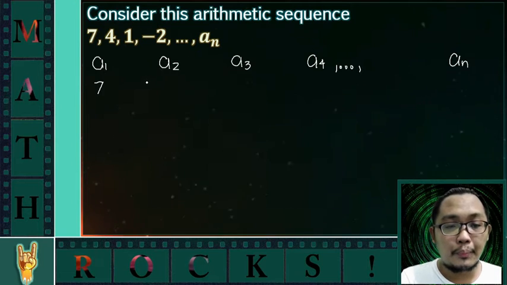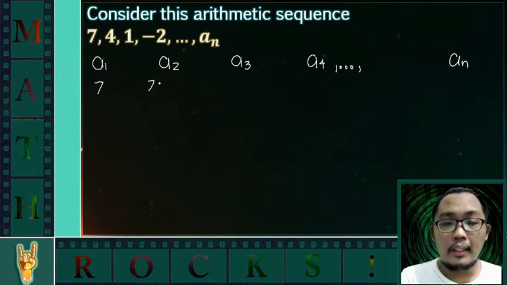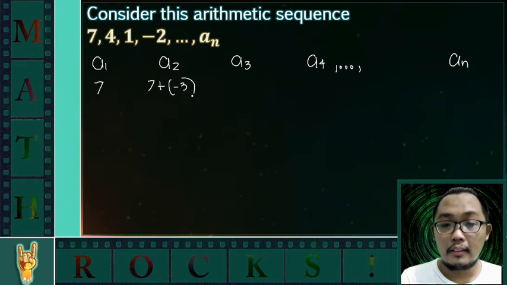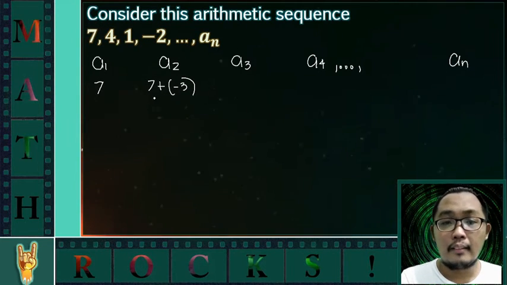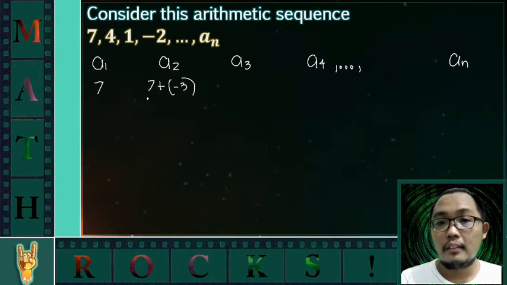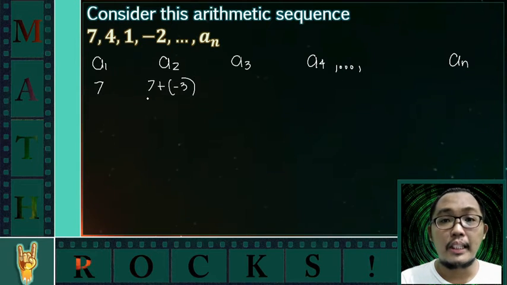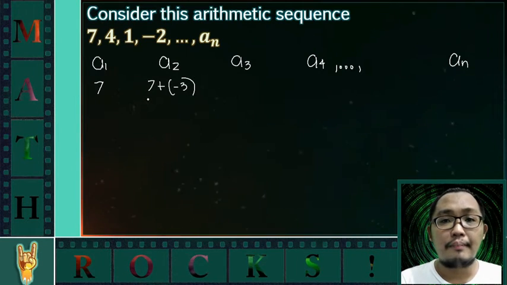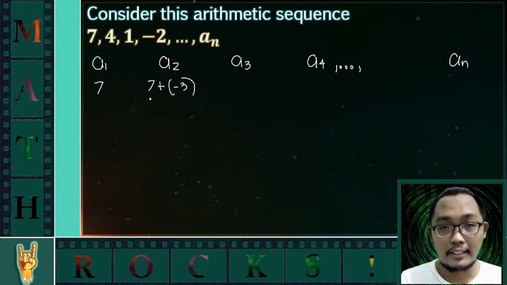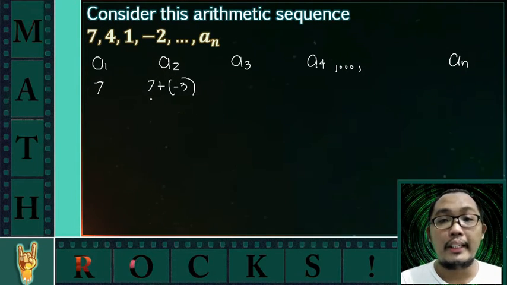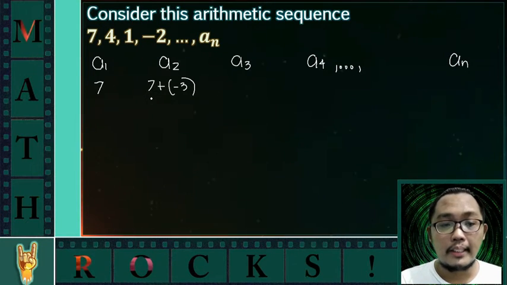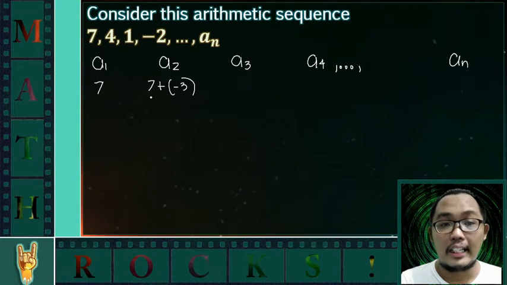So our a sub 2 will now be written as 7 plus the negative 3. We could write this expression as 7 minus 3, but you have learned in the previous lesson that we are actually performing an addition in an arithmetic sequence. So we better show this expression in terms of addition: for a sub 2, 7 plus the negative 3.